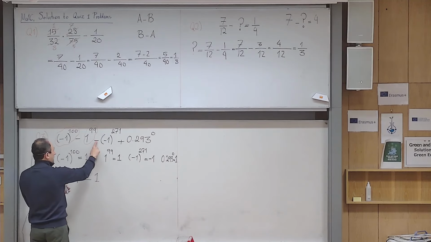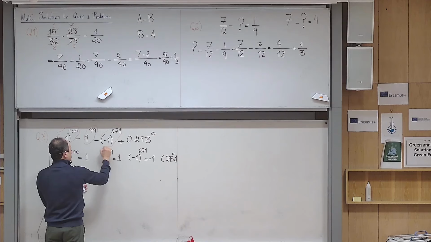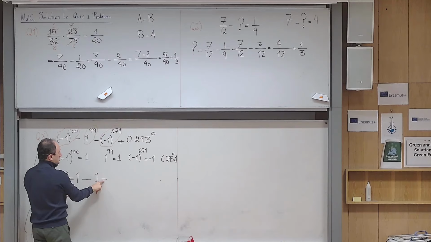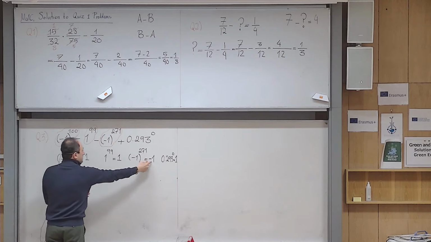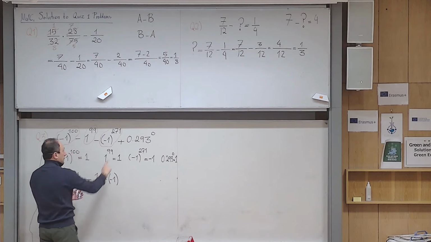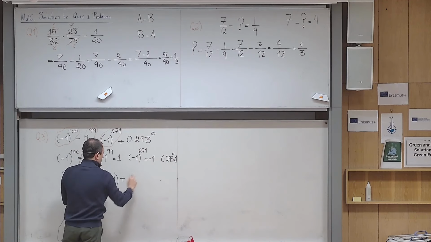And then I have a minus sign after this orange boundary. I put it, but instead of this one, I put minus 1. So minus is minus, but this one itself is also minus 1. So it becomes minus 1. And then I have plus, and then this number is just 1.